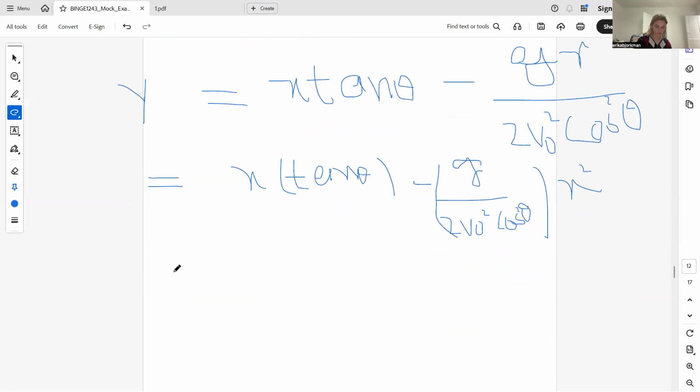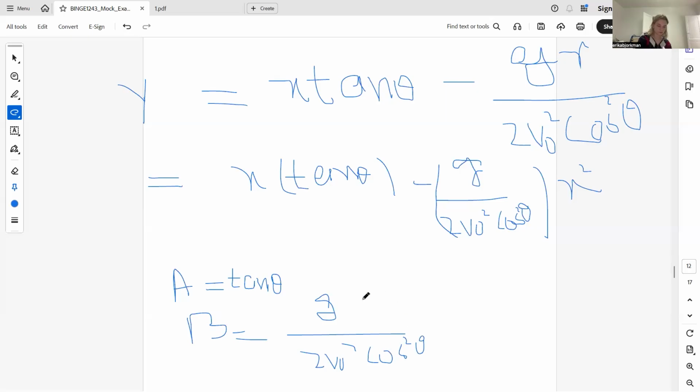So I introduce a constant a equal to tan theta and b equal to g over 2 v naught square cos square theta.